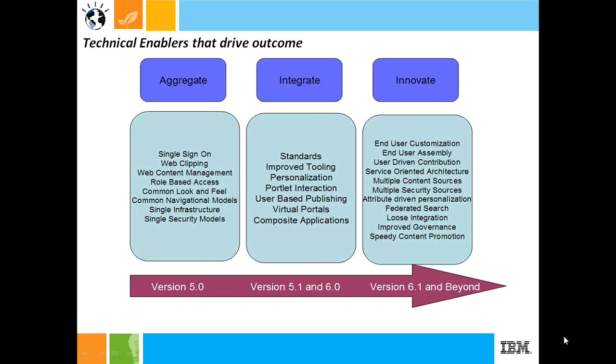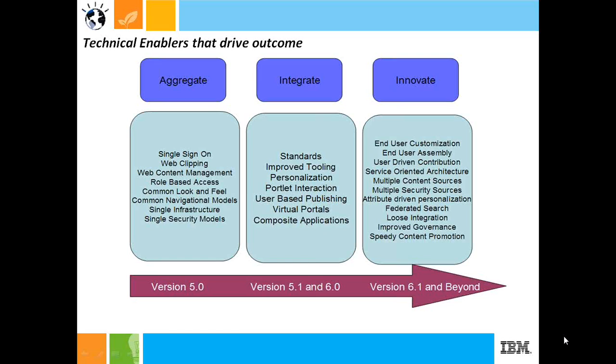So when 6.1 was introduced, it was again having more features, more robustness, and more compatibility with other tools. The important thing about 6.1 and 7 was it was a service oriented architecture.